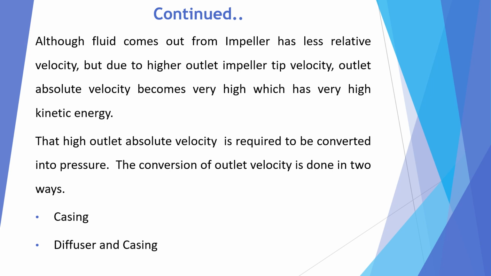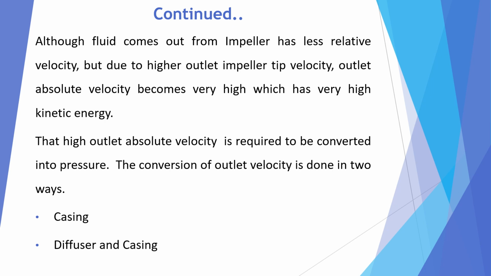Although the fluid coming out from the impeller has a lower relative velocity because there is a diffusion or reduction, due to the higher outlet impeller tip velocity, the outlet absolute velocity becomes very high, and this has very high kinetic energy. That high outlet absolute velocity is required to be converted into pressure, and conversion of high outlet velocity is done in two ways, as we discussed, based on the configuration.